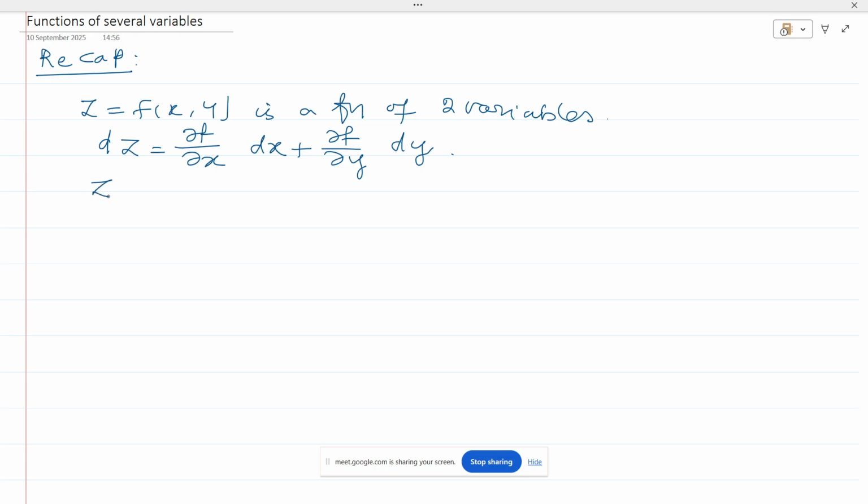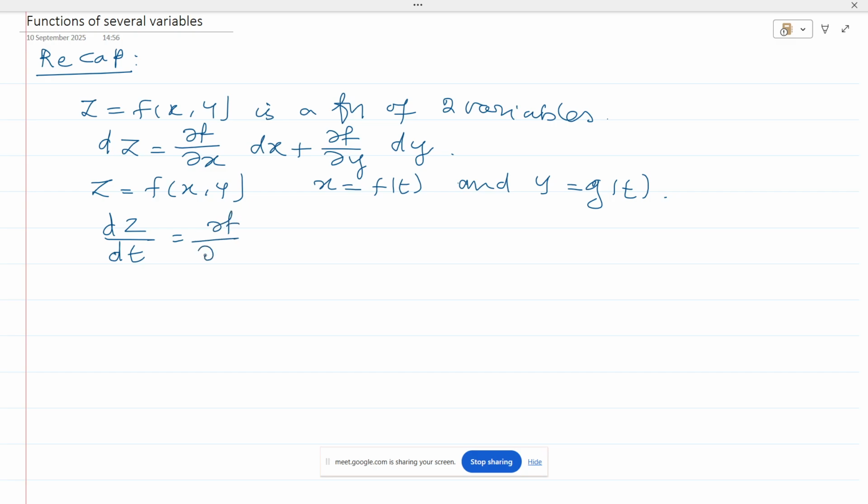Similarly, if z is a function of x comma y, x is some function of t, and y is some function of t, then dz by dt equal to dou f by dou x into dx by dt plus dou f by dou y into dy by dt.